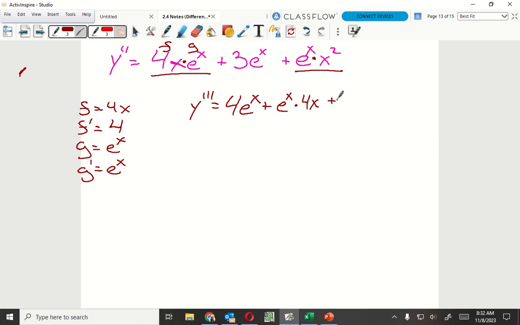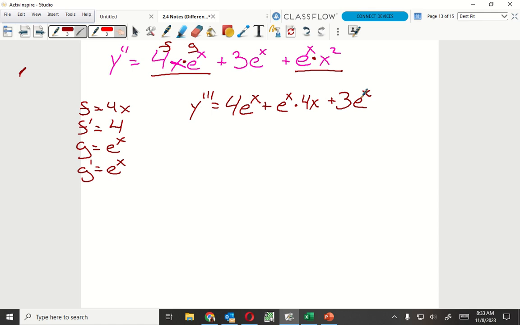Plus, what's the derivative of 3 e to the x? What's the derivative of e to the x? E to the x. So it's going to be 3 e to the x. That one doesn't change.